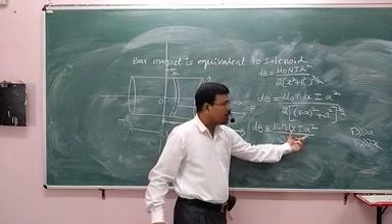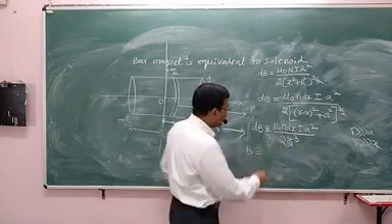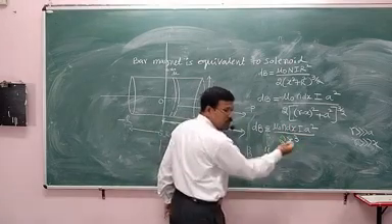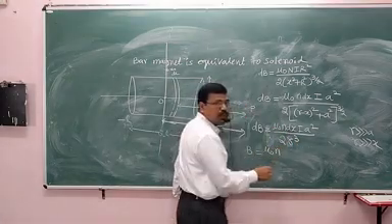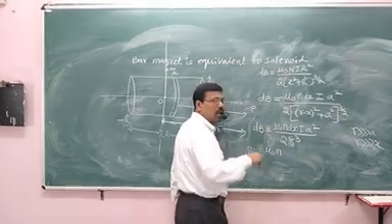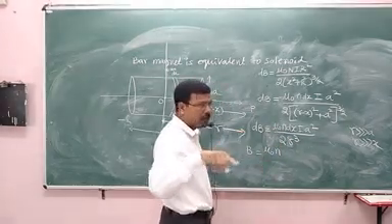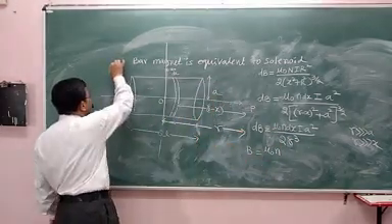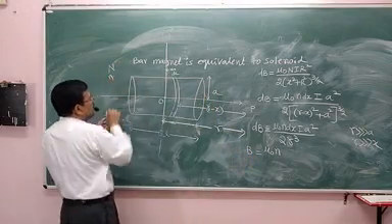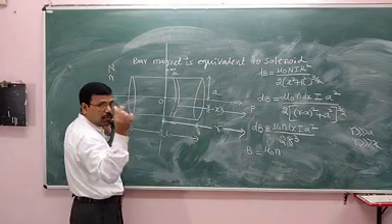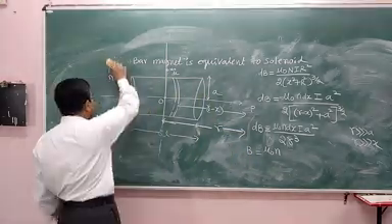Then here, what are constants? Mu naught is constant, which is taken outside the integration sign. Number of turns per unit length is constant. Capital N is the total number of turns in the coil. Small n is the number of turns per unit length.